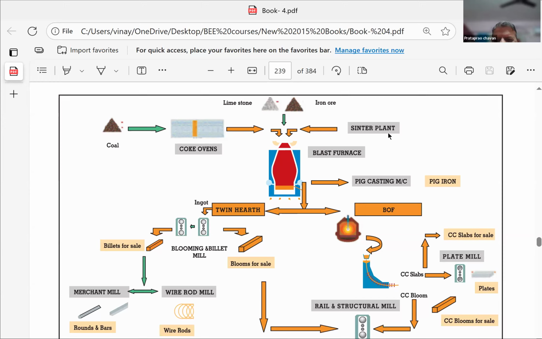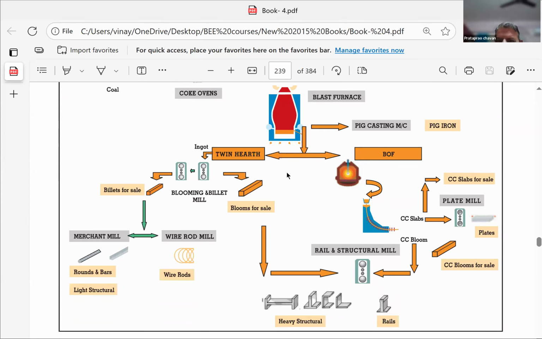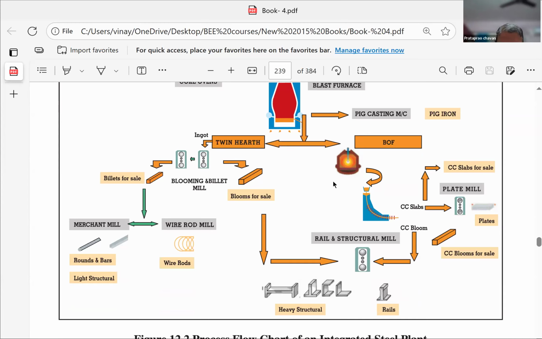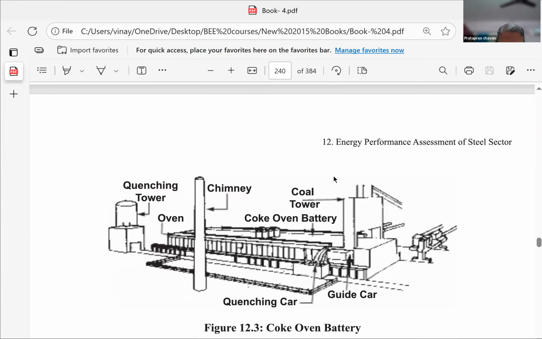And then the sinter plant. What is a sinter plant? The iron ore many times goes to another process called sintering. This also removes the volatile matter and the impurities out of it. Right. Then the output of this, I will give a detailed figure here. Where is that?